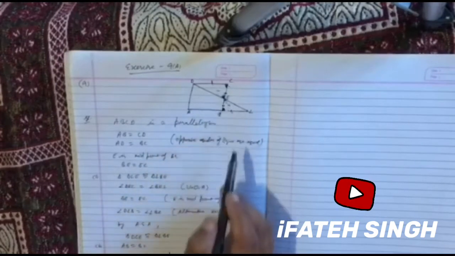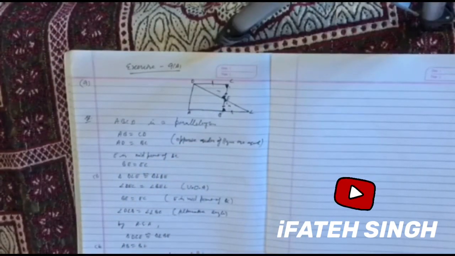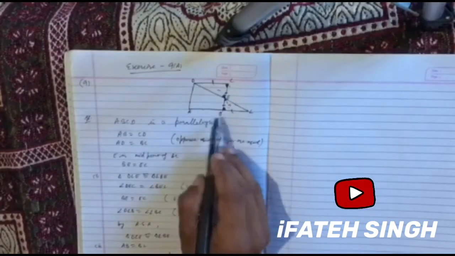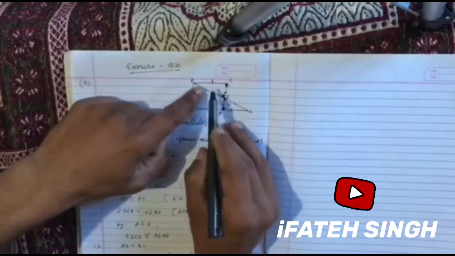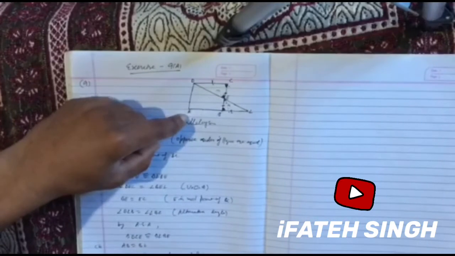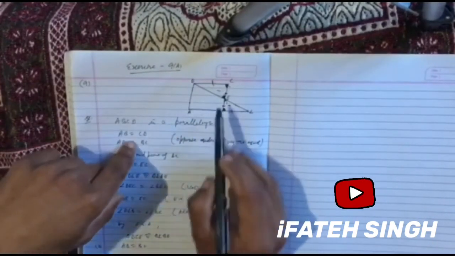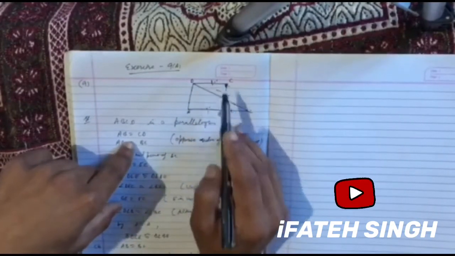These two sides are equal, and DC is equal to AB, because it is a parallelogram and opposite sides are equal.